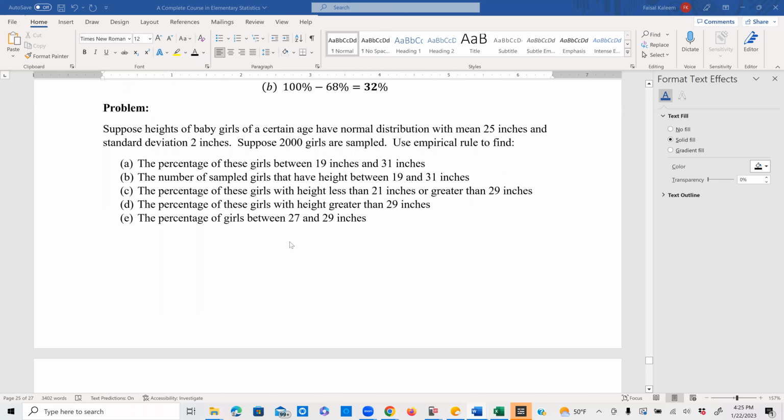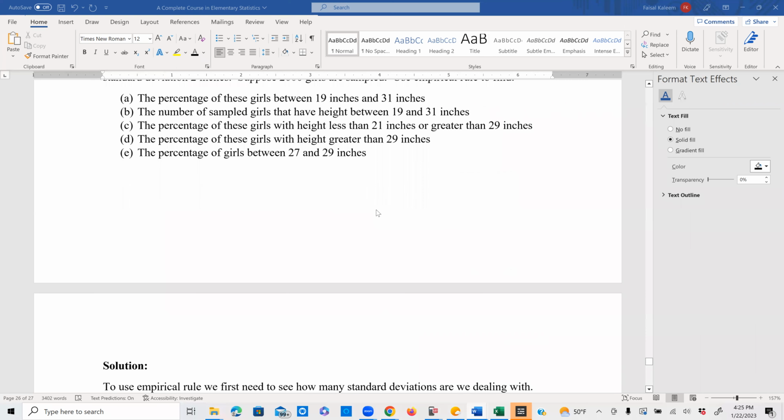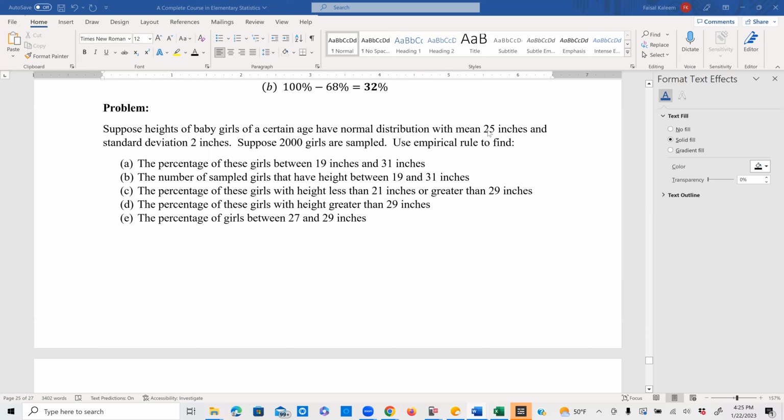Part F is saying percentage of girls between 27 and 29. Now the difference between this part and the remaining parts is that in the remaining parts, we got negative and positive, the same number for the standard deviation. So we were in a symmetric situation because one number used to be below the mean. Remember, mean was 25.